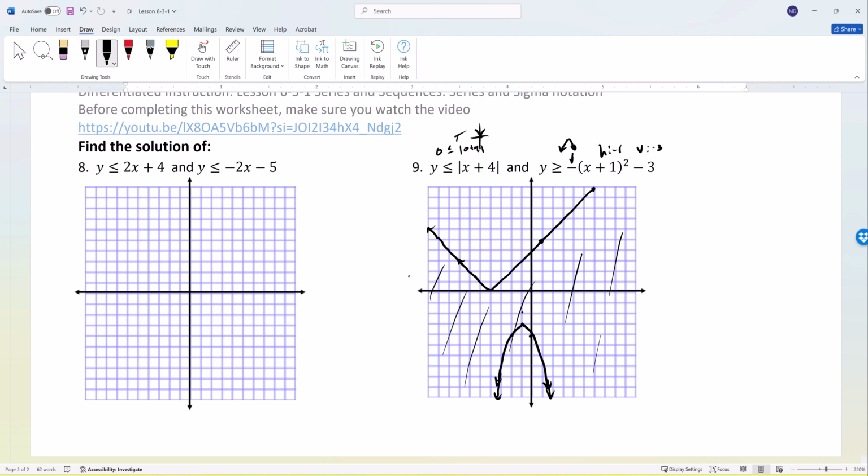So if I picked 0, 0 again, you get 0 is greater than or equal to -(0 plus 1) squared minus 3. 0 is greater than or equal to -1 squared minus 3. 0 is greater than or equal to, because that needs to be squared first in this instance. So that's going to be -4. That's true. So that means this side of the parabola is shaded.